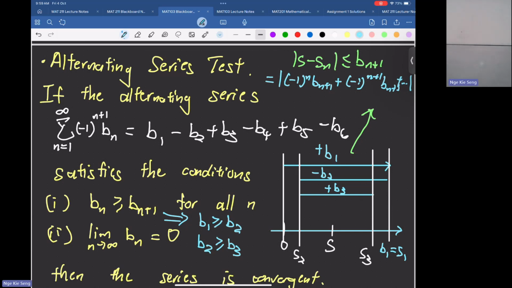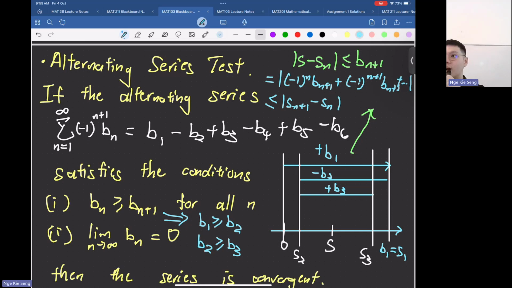But is it true for other cases or not? If I start with B3 and then go the zigzag, is it between S3 and S2? So you need to prove that this thing is less than or equal to Sn plus 1 minus Sn. But what is this?